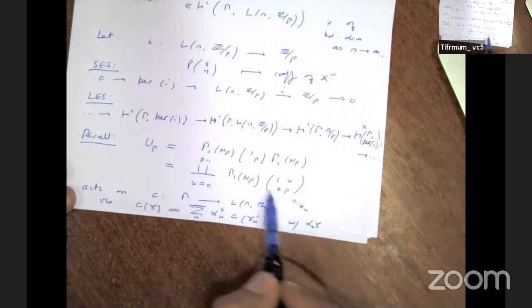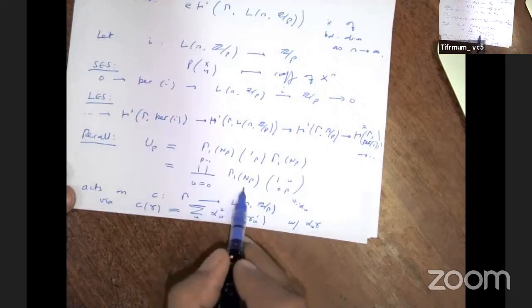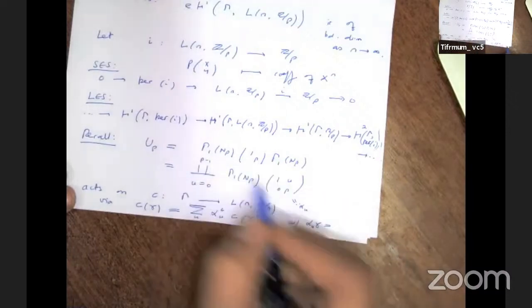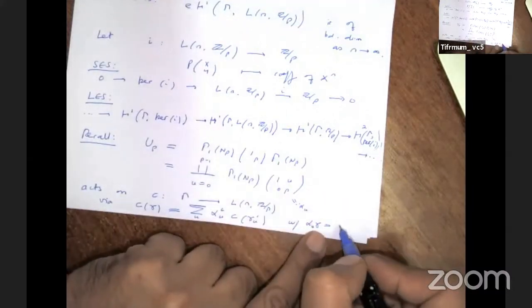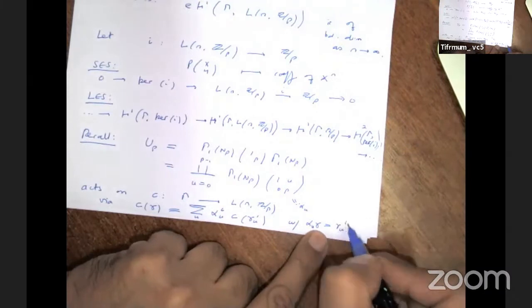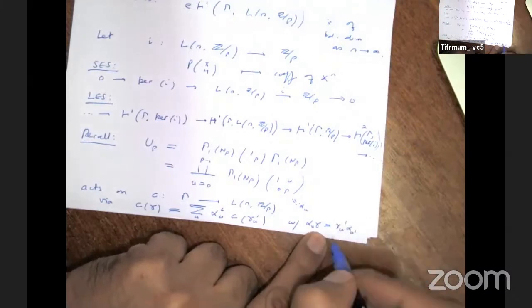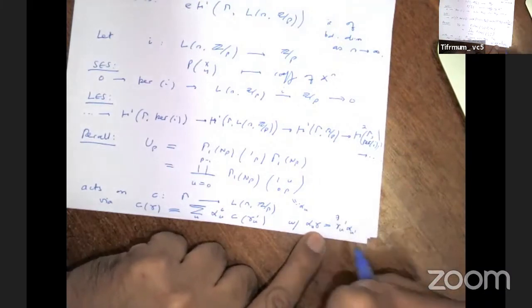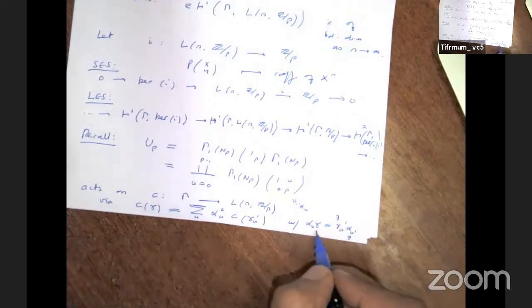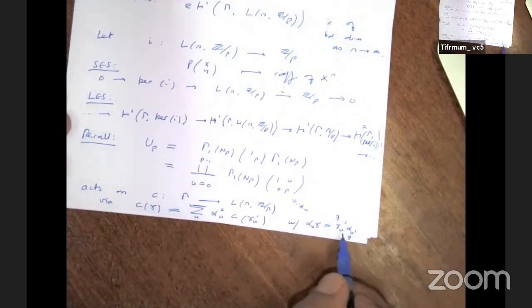I think these are right cosets, the representatives on the right. So what I've done here is I put the alpha_u on the other side of gamma. It's on the wrong side here. Because it's an element in the double coset space, you can write it as a gamma_u prime times some other alpha_u prime. There exists u prime such that for each u, alpha_u times gamma is gamma_u prime times alpha_u prime.